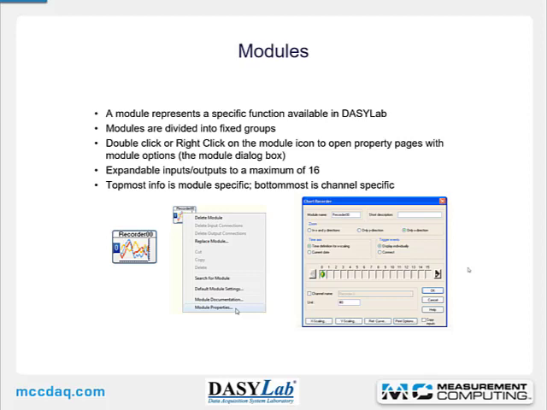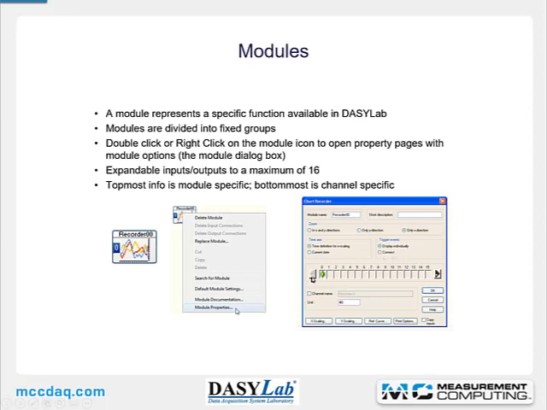When you look at the module properties, typically the information at the top of the dialog box is going to apply to the entire module. So in the case of this chart recorder, how you zoom, how the time axis is defined, and how trigger events are handled apply to the module no matter how many channels are configured.